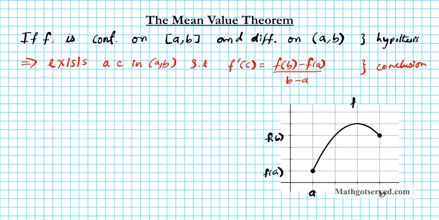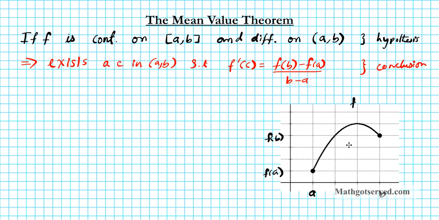The initial condition says that the function has to be continuous. Basically, you don't have any discontinuity of any sort, jump, removable or infinite discontinuity on the closed interval. So you can even have an endpoint discontinuity, such as an open interval or an asymptote. So it's continuous, as you can see here, and differentiable.